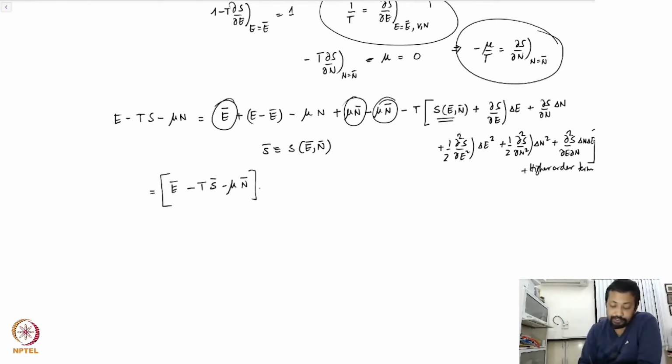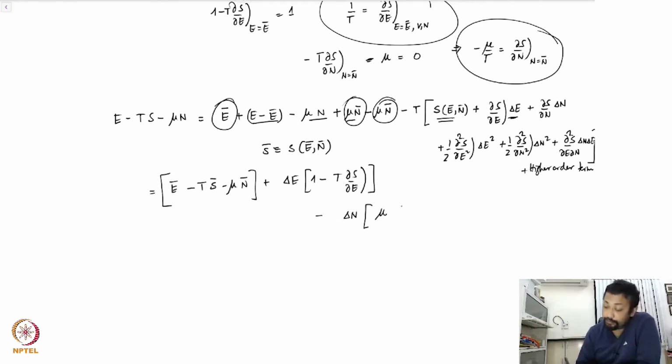The first term is this. This is delta E, and I have a delta E over here, so this becomes delta E times 1 minus T del S del E. Minus mu N and plus mu N bar gives you minus mu delta N, not mu delta N, we will take delta N outside.